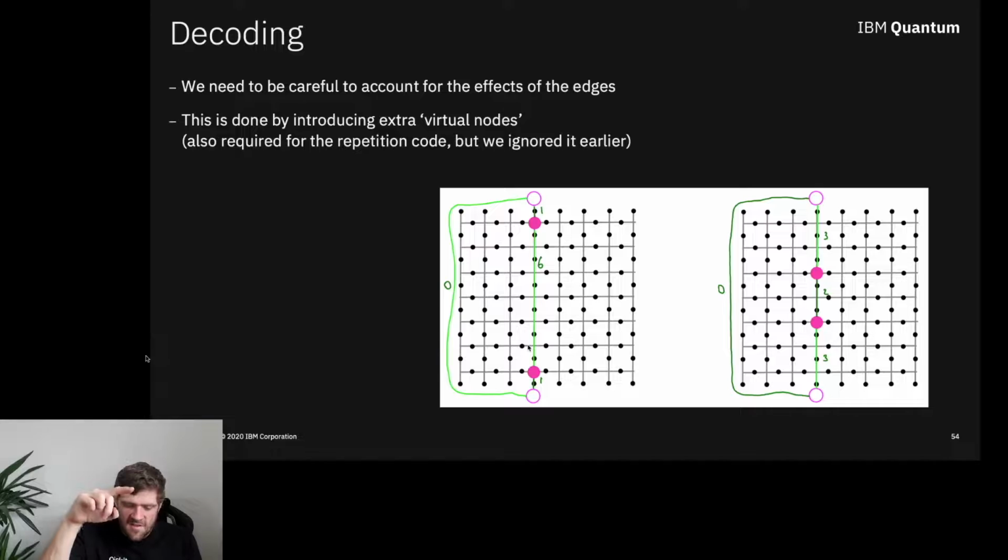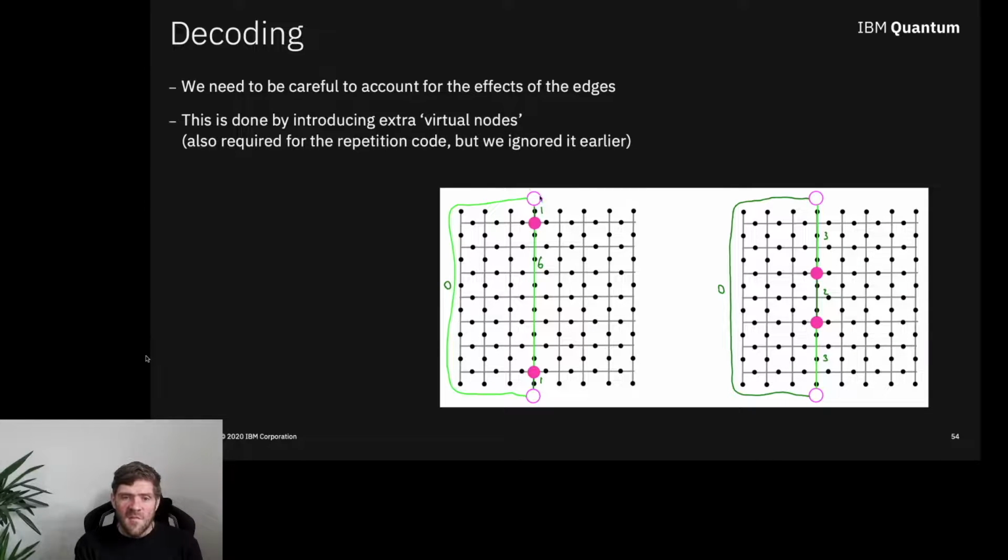So you might think, well, let's connect them. But that would mean that you would try and correct it by doing Z, Z, Z, Z, Z, Z, almost all the way across the grid. And it was most likely Z's here and here that caused the error, so you've caused the logical operator. Don't want to do that.